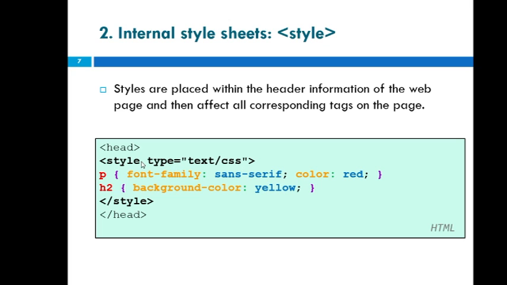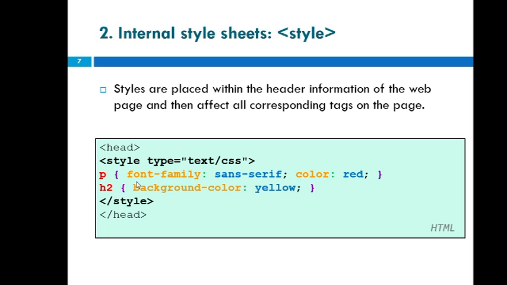Okay, so you have to write this line, and after that you have to write the CSS coding where you want to apply the style, whether you are going to use the paragraph or the heading or table, which element you are going to apply the style to. You have to write it in between style open and style close.